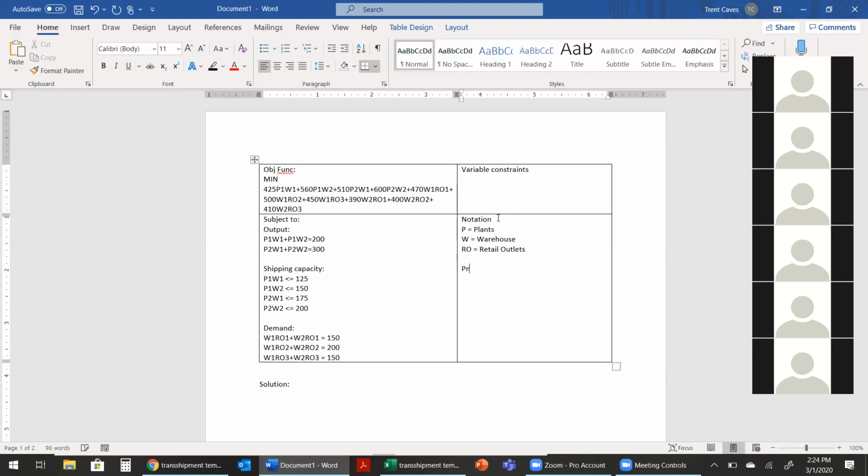So PNWM is the units shipped from plant N to warehouse M. And then warehouse M to RO J is units shipped from warehouse to retail outlet.